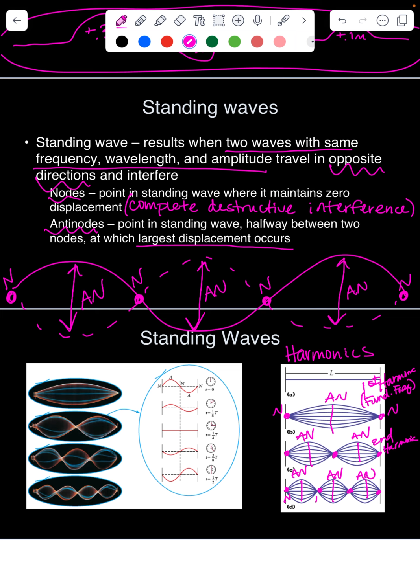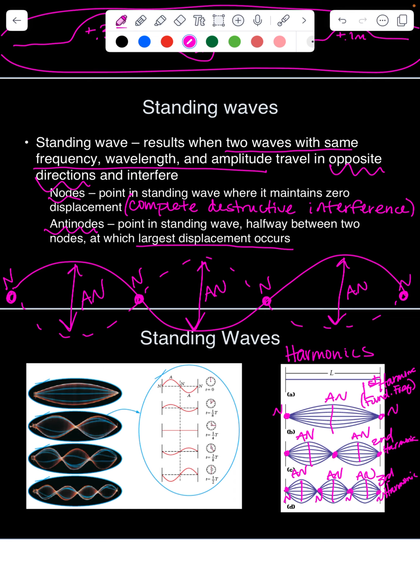Hopefully you're noticing a pattern here. There's always going to be one more node than there is antinodes, and however many antinodes we have, that's the harmonic that we are looking at. Like I said, we are going to go into way more depth into standing waves and harmonics whenever we talk about sound.